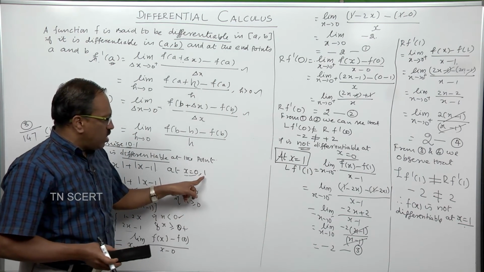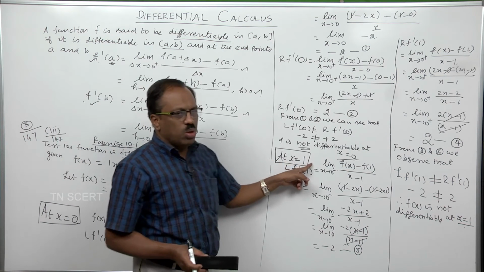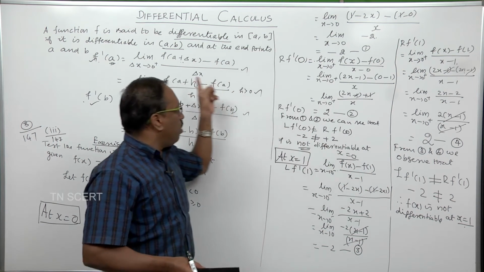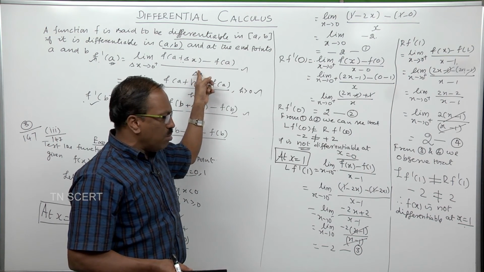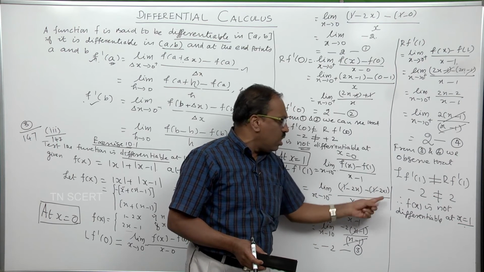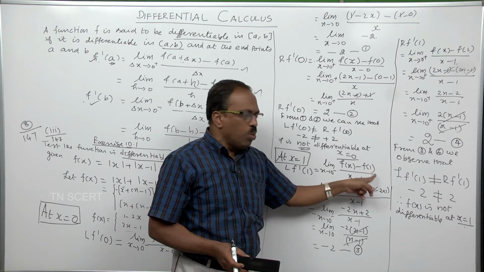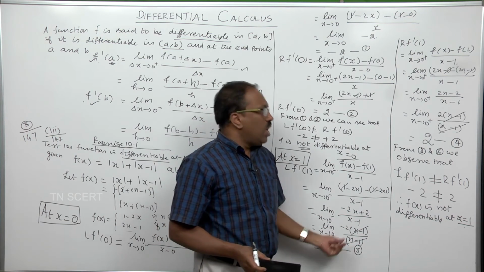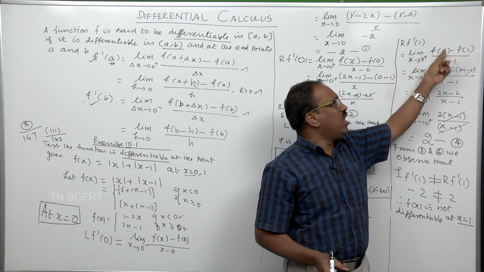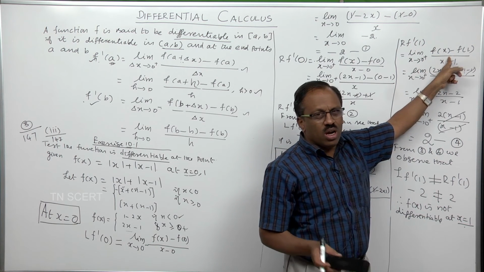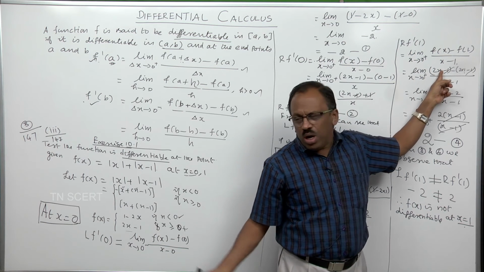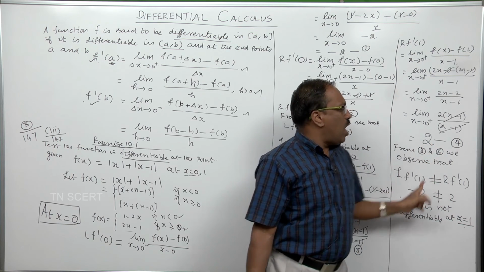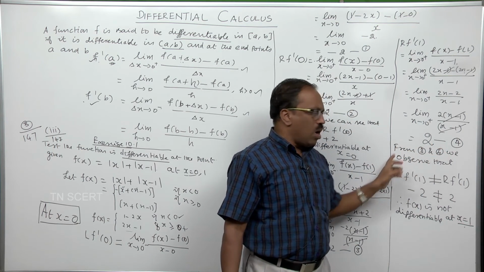Second part, we want to check for 1 also, that means at x is equal to 1, left limit of f dash of 1, I have defined the function based on that, and the right limit. I have taken each function and substituted the value of x as 1, and after simplifying I got the value minus 2. Likewise, right limit of f dash of 1, applying the function definition and substituting, got the result of 2, and 3 and 4 we compare, they are not equal.